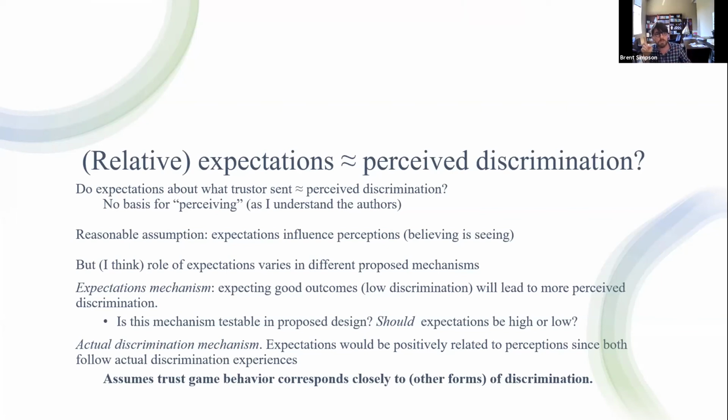But note that this assumes that, to participants, the trust game behavior will correspond closely to other forms of discrimination. But what if it does not, as in the cases of gender and age that I mentioned on the previous slide, where, let us call them real world instances of discrimination, run counter to trusting behavior in the trust games?